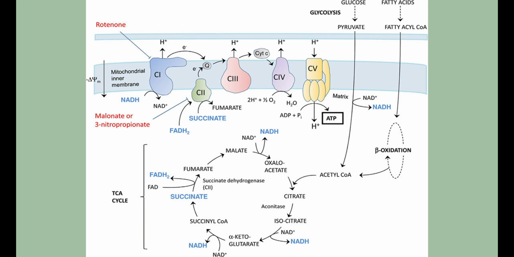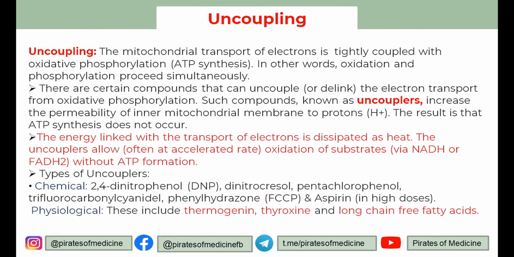Understood? Good. Let's go to the next one. You can see that the mitochondrial transport of electrons is tightly coupled with oxidative phosphorylation, or ATP synthesis in the fifth complex. I told you about it. So in other words, oxidation, the process of transfer of electrons, and the phosphorylation proceed simultaneously.